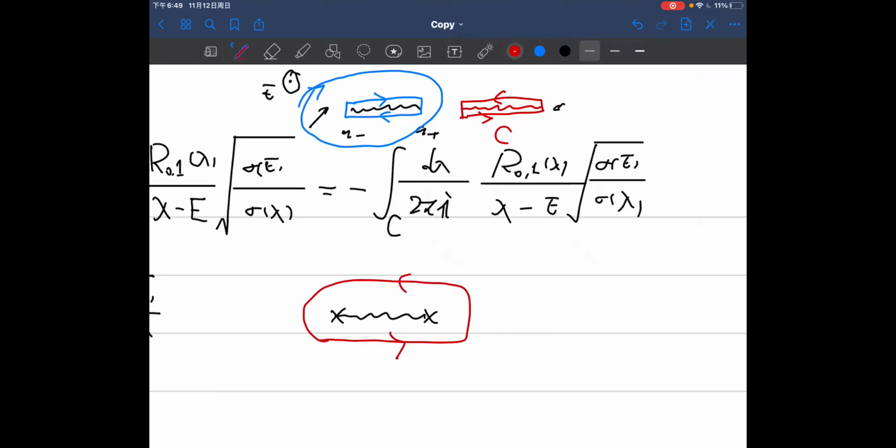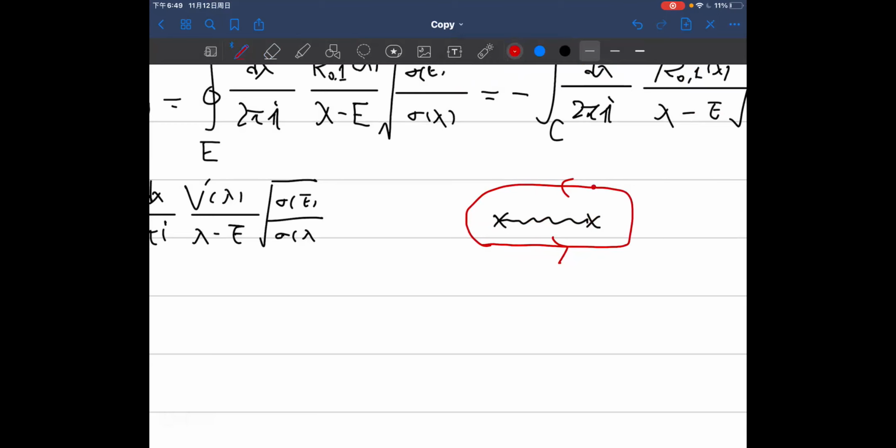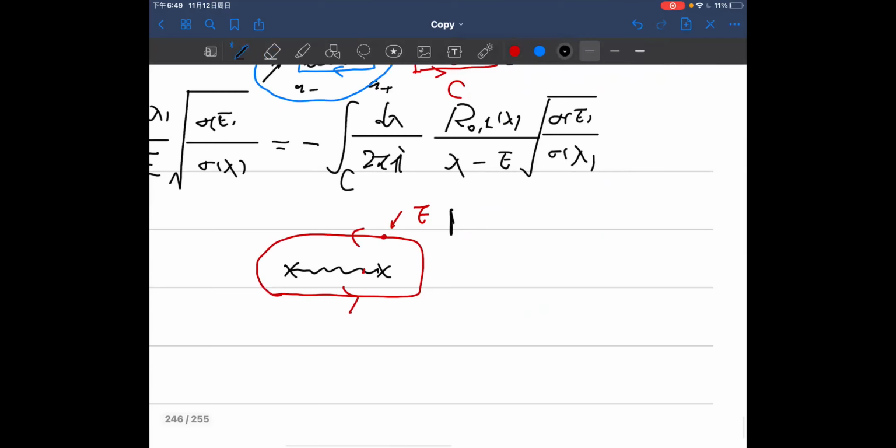It's C, and we know that if this point, we can just name it as G, is not located exactly at the branch cut, then there is no discontinuity at this point. There is no discontinuity. This is the key point.